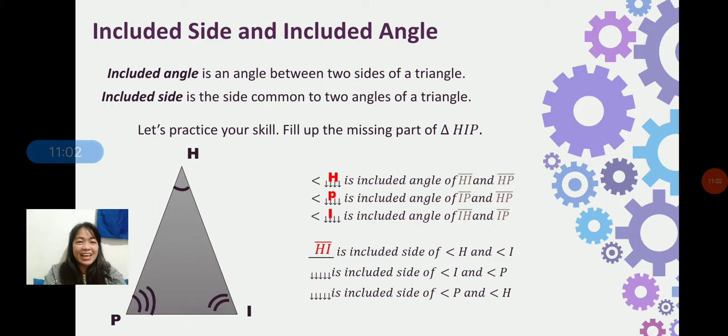So that side is the included side of angle H and angle I. Of course, you will have an idea now on the next answer. The included side would be IP. And for angle P and angle H, the included side would be side HP. So I hope included side and included angle will be clear to you.